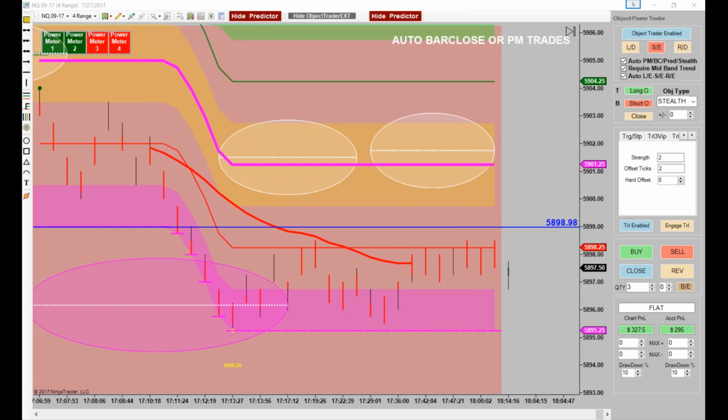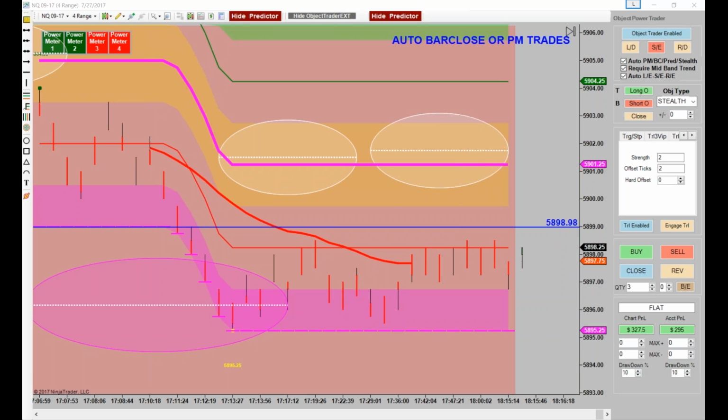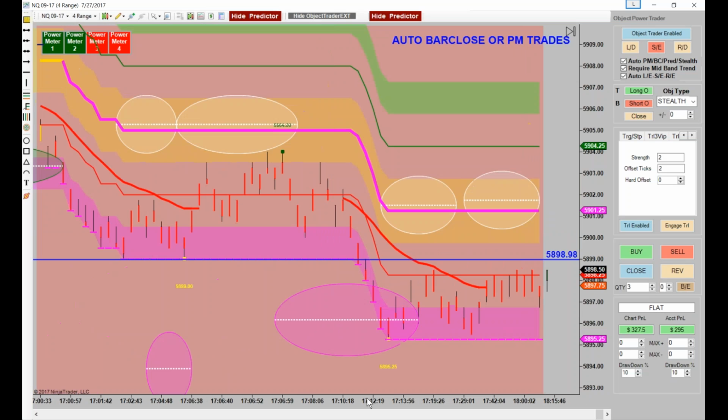Let me also look at the above question just a second. I think I got that one, didn't I, Mindy? I don't understand how you can have a stealth stop out and a stealth add-on at the same time. Well, you wouldn't want to do it that way. What I was talking about, you can use stealth as your stop if you want to, and then you just jump back in on stealth again.